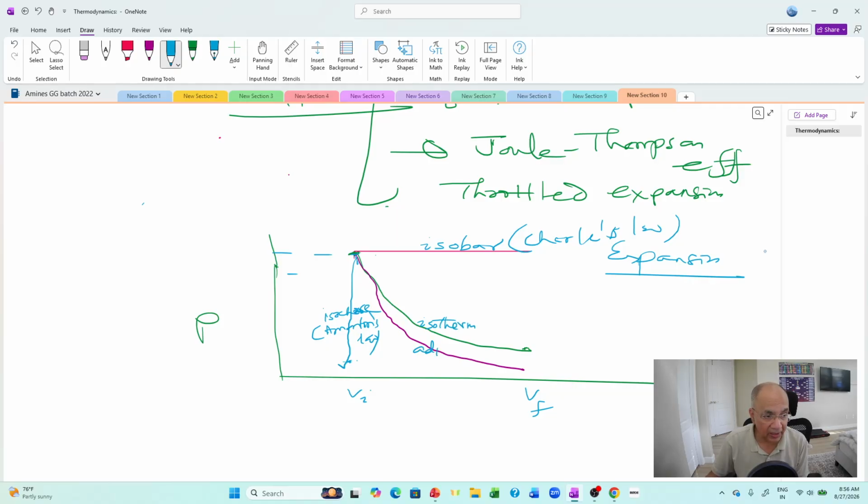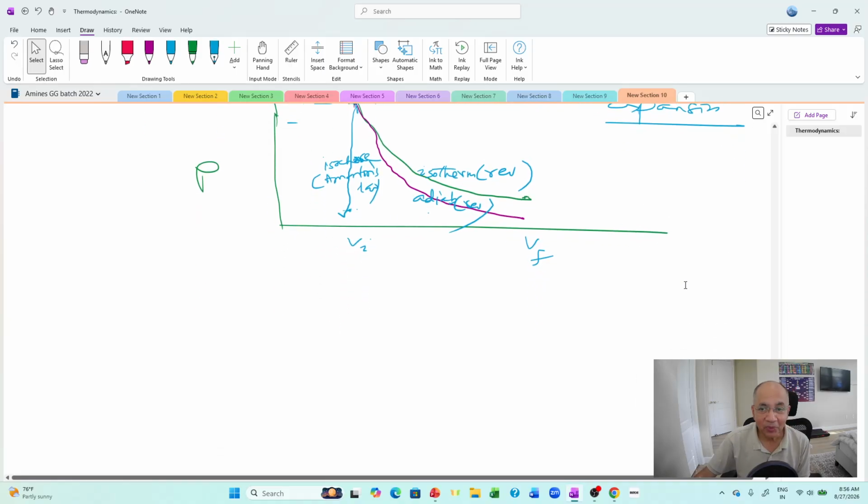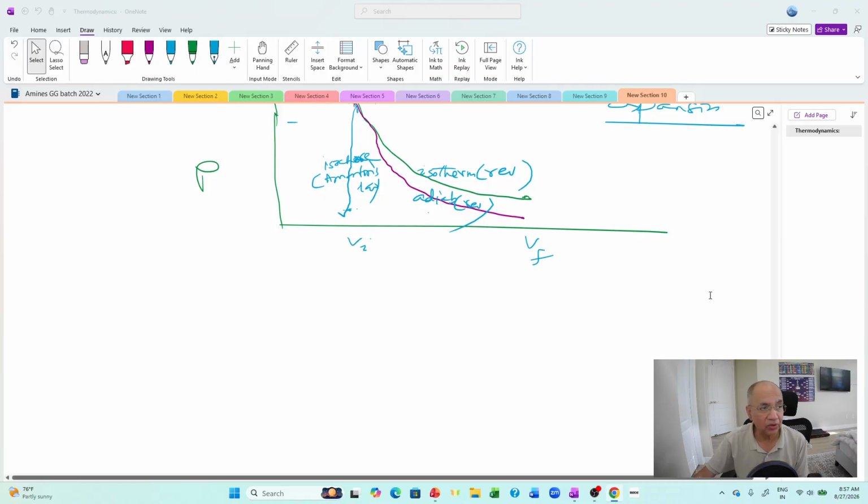This is adiabat, irreversible. Yes, horizontal is isobaric. Green is isothermal, red is adiabatic, and vertical is isochor.